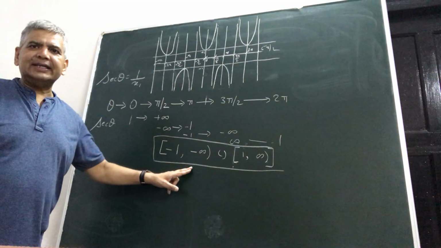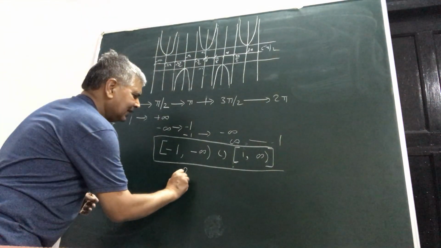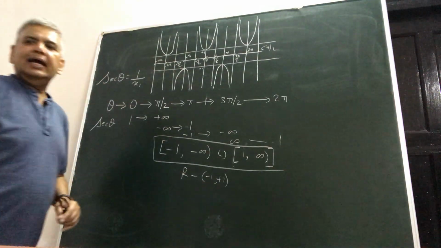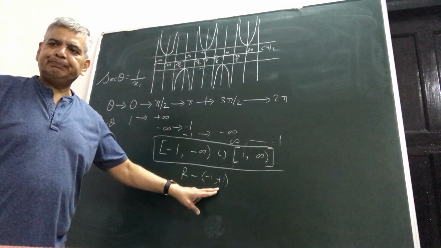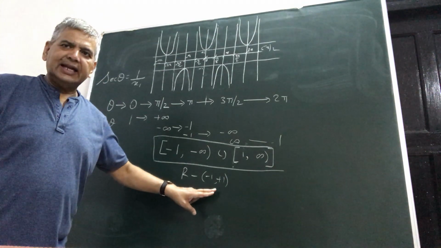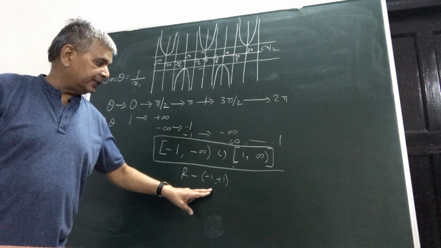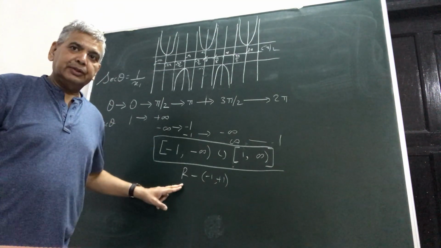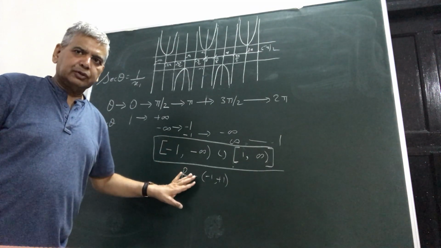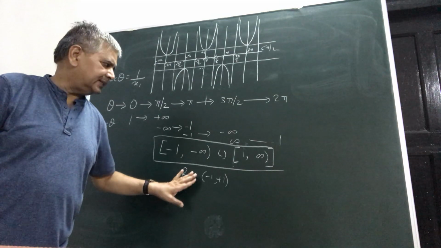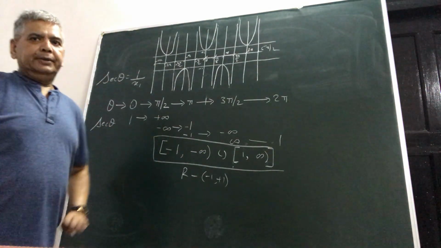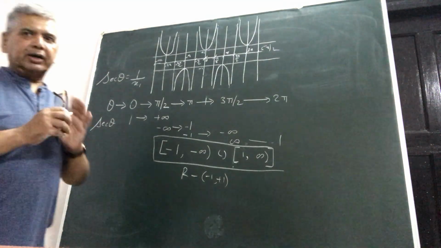Or in other words, it is R minus the open interval -1 to +1, because the values of sin theta and cos theta lie in the closed interval -1 to +1. So you subtract this from the reals. For cosec theta and sec theta, this is the range. You can write this alternatively like this.